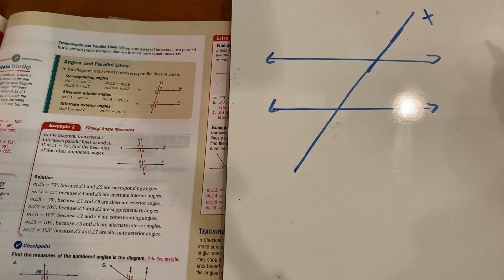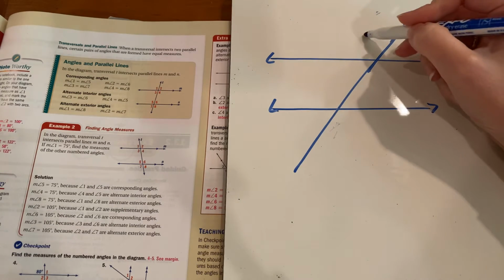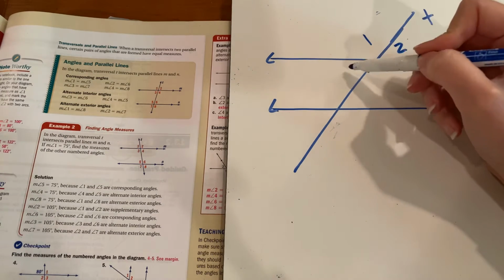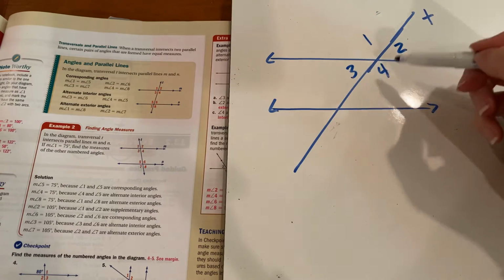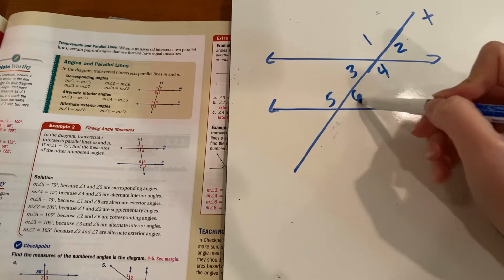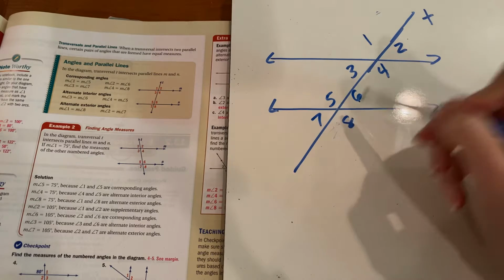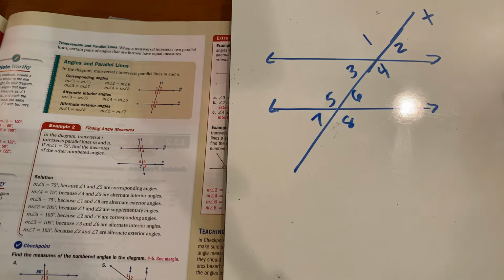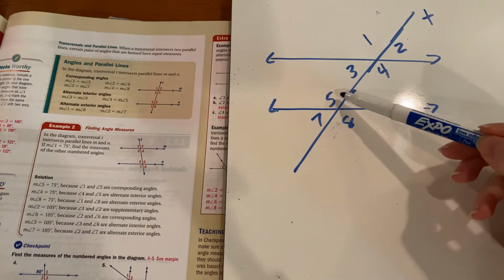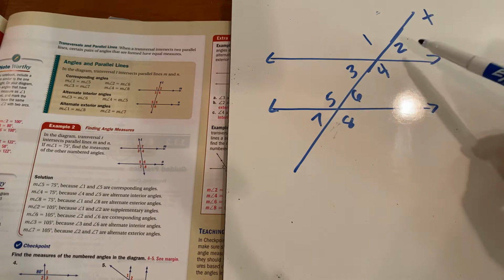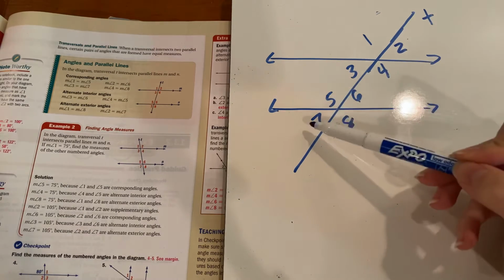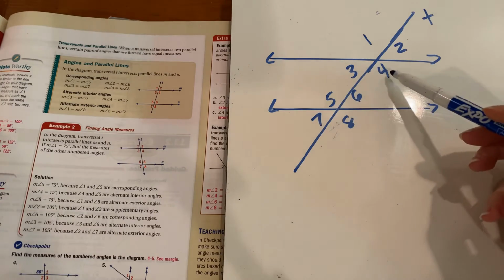All right. Looking at the diagram, we have T, angles 1, 2, 3, and 4, angles 5, 6, 7, 8. Our corresponding angles, they say, are 1 and 5, 2 and 6, 3 and 7, and then 4 and 8.